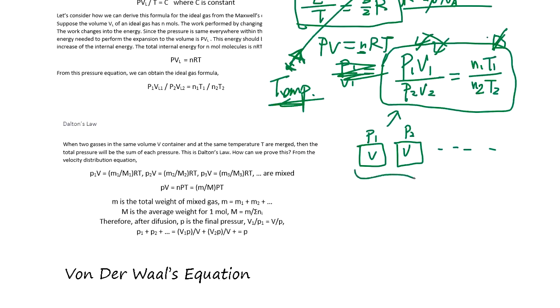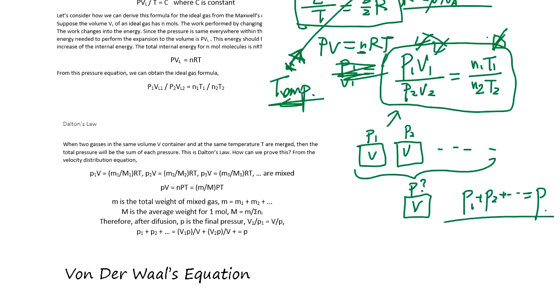We put them all together into the same volume. What will be the final pressure? It turned out to be P1 plus P2 plus so on. It's going to be the final pressure P. Okay, so the proof is here. You can look at it. It's not that difficult a proof. This is called Dalton's law.